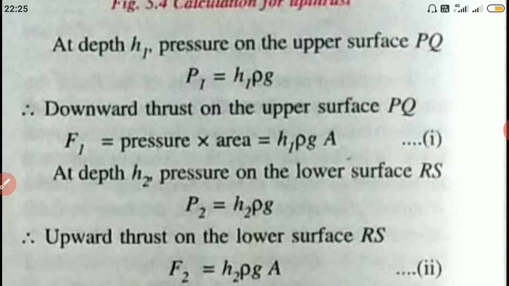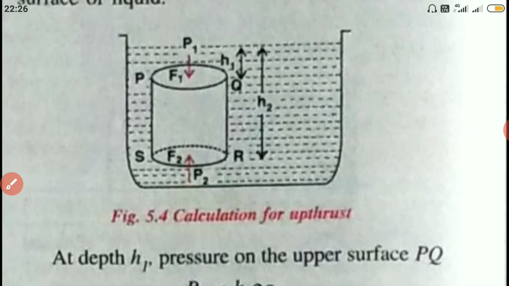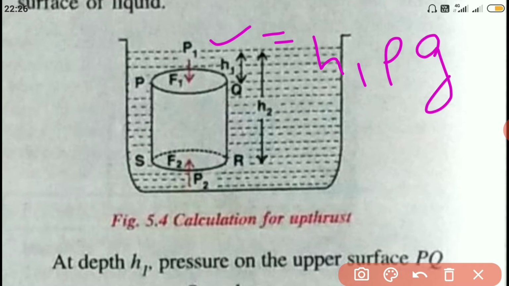Now at the depth h1, pressure on the upper surface PQ is P1 equals h1 rho g. Here rho is the density of the liquid, and g stands for acceleration due to gravity.